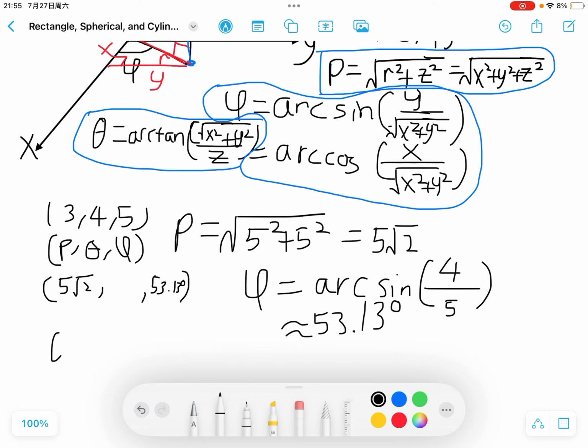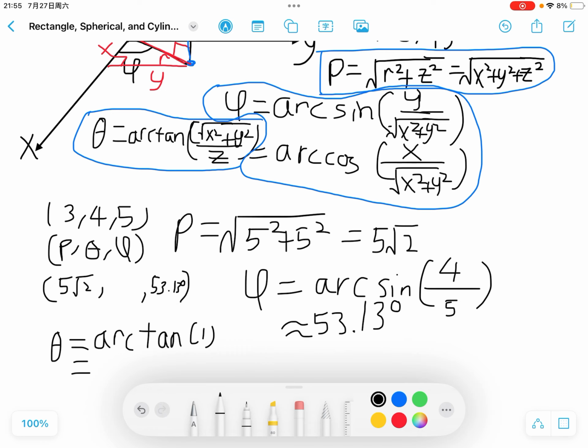And lastly, we want our theta. Theta is equal to arc tangent of root x squared plus y squared over z, right? Root x squared plus y squared is root 25, which is 5, and z is also 5. So theta is just arc tangent of 1.